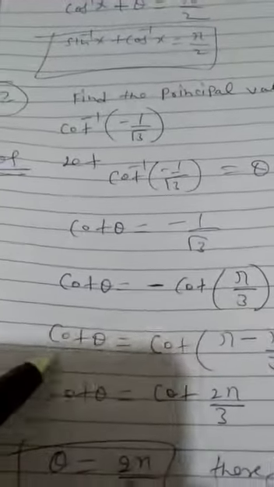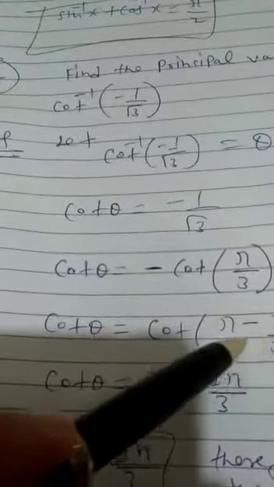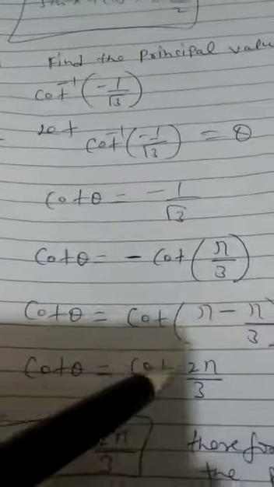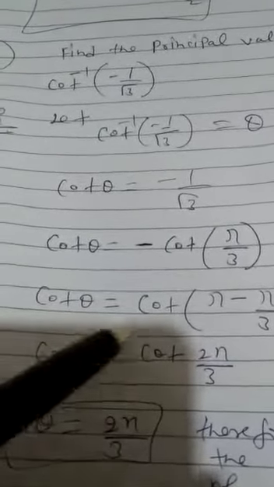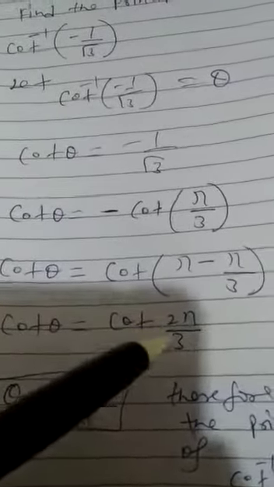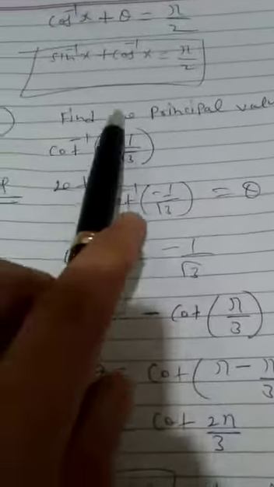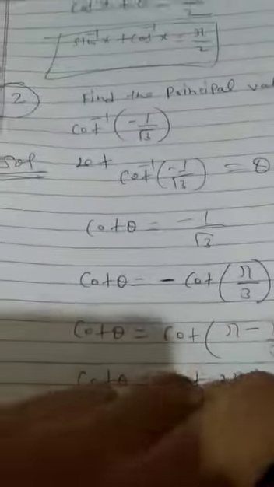Then cot theta is equal to cot of 2 pi by 3. The cots cancel, so theta is equal to 2 pi by 3. Therefore the principal value of cot inverse of minus 1 upon root 3 is 2 pi by 3.